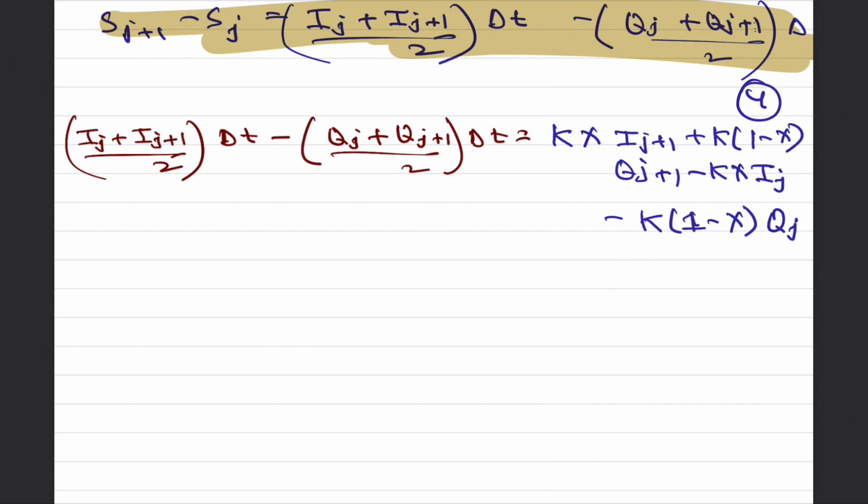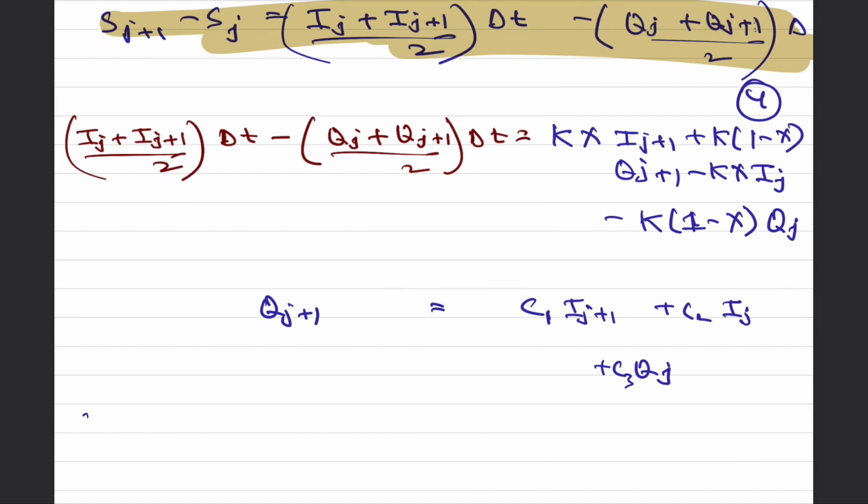And upon rearranging, we will bring all terms except Qj plus 1 to the right hand side. So we should have a term of Ij plus 1, a term of Ij here, and a term of Qj here, and we will assign some constants here. So we'll say that this should look like C1 Ij plus 1 plus C2 Ij plus C3 Qj, and this can be obtained because this looks like a linearly separable equation.